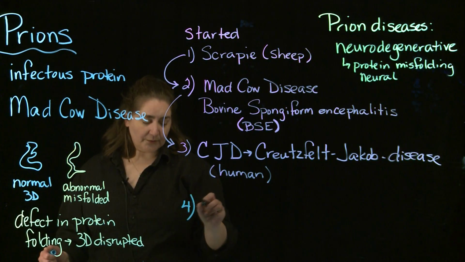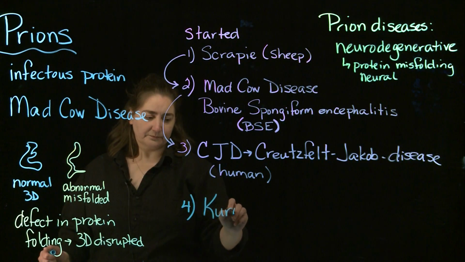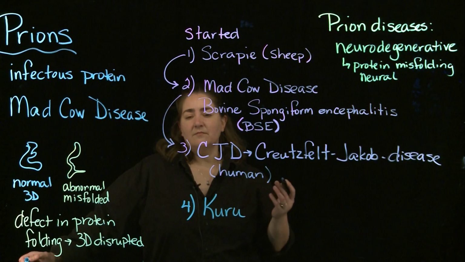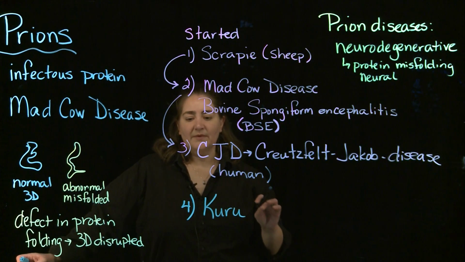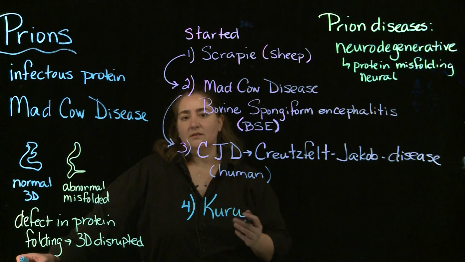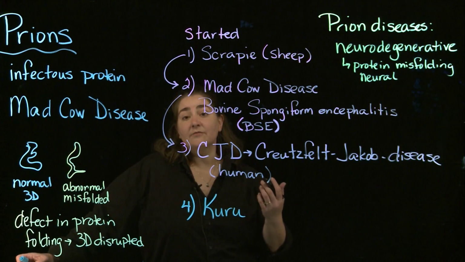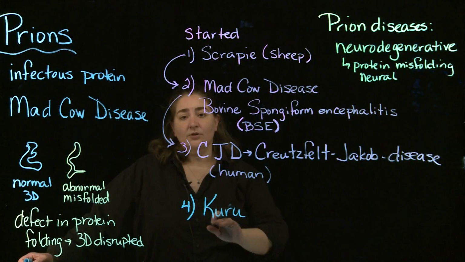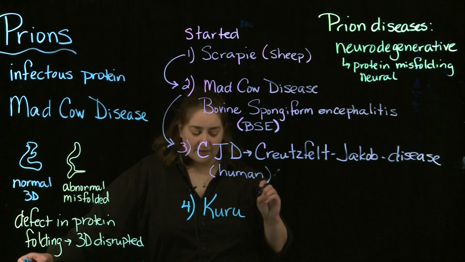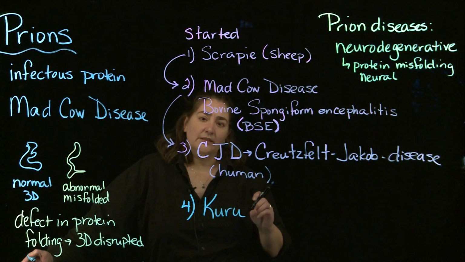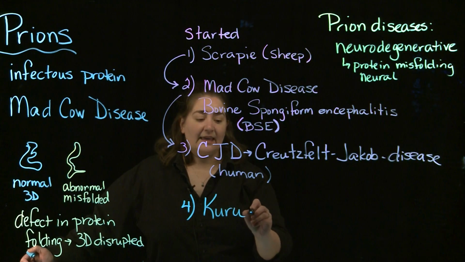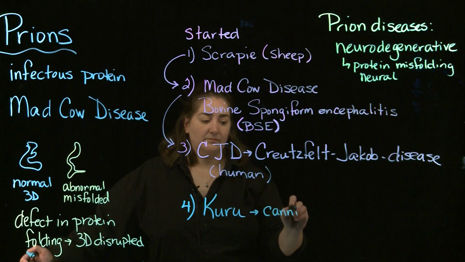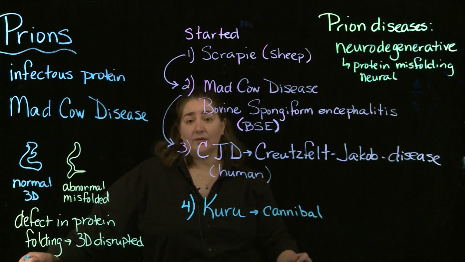There's another prion disease also known as Kuru, all right? Now, I'm not sure as far as the origin, but my best guess is the prions came from the same origin as the prions that infected the sheep, all right? Kuru was actually found within a population of people in New Guinea, all right? And what was unique about this particular population is they were cannibals.